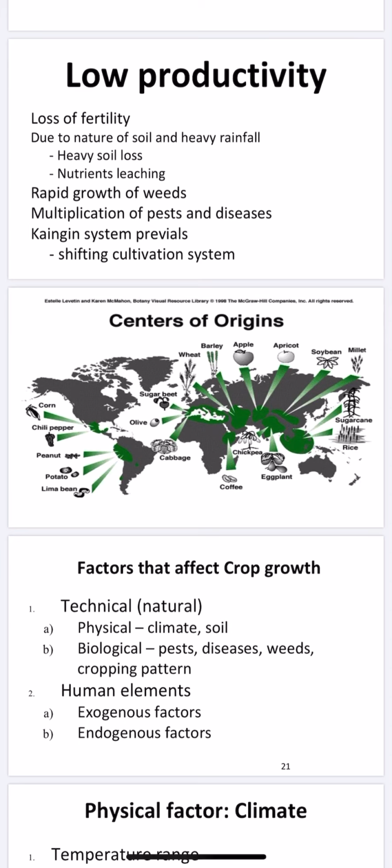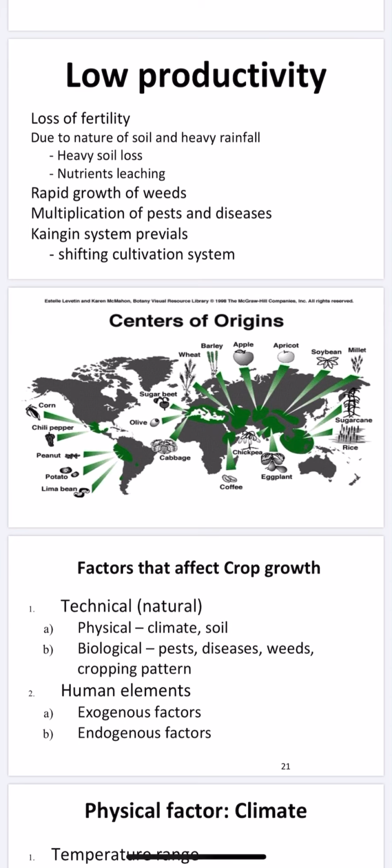But here in a tropical country like the Philippines, weeds are very good competitors of crops. They are even notorious. And multiplication of pests and diseases is also high. The more the plants grow, the more the pests and diseases there are.